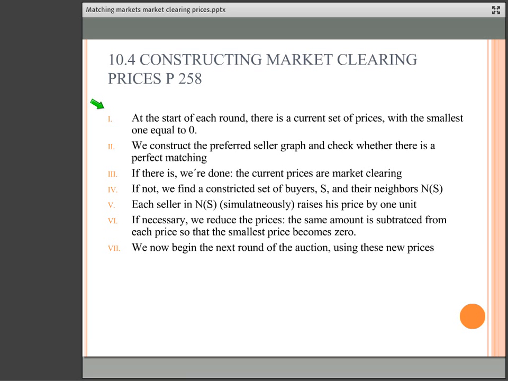So basically all you have to do is collect the valuations and then start the market clearing price formulation. This takes a bit of thinking through, and I encourage you to go through the video once again and look at the examples. Thank you.